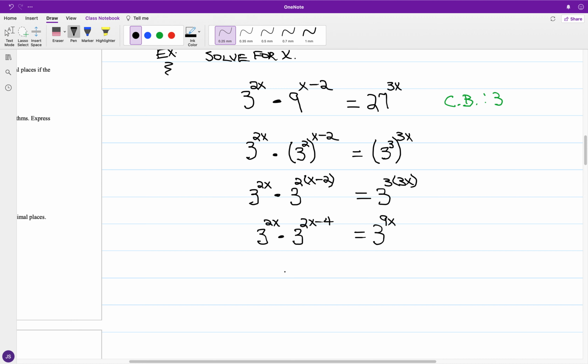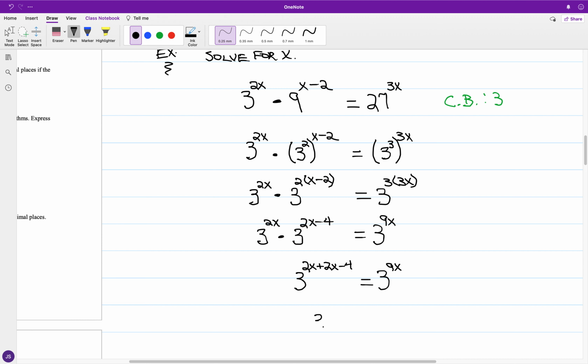So we're going to use the product property of exponents, and this will call for adding these powers together. So for the product of what we have with these base 3 terms, we have 3 to the 2x plus 2x minus 4 is equal to 3 to the 9x.